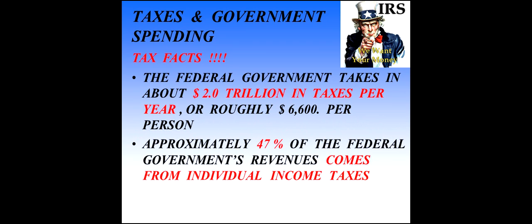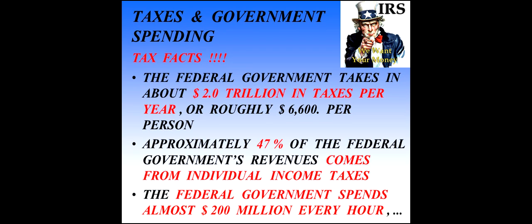And approximately 47% of the federal government's revenues, or taxes it takes in, comes from individual income taxes. So the income tax plays a really big role in funding the government.